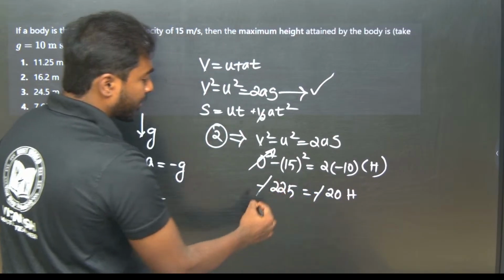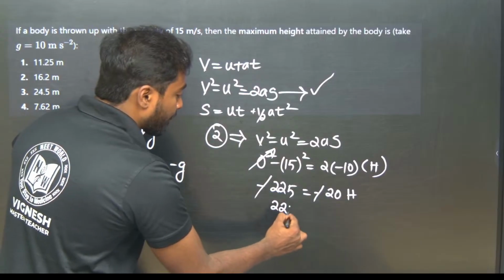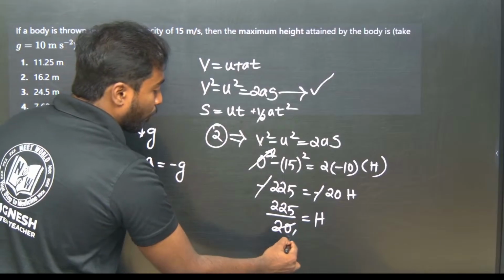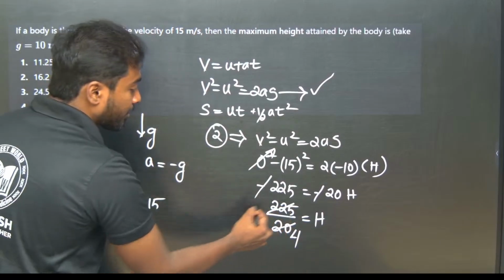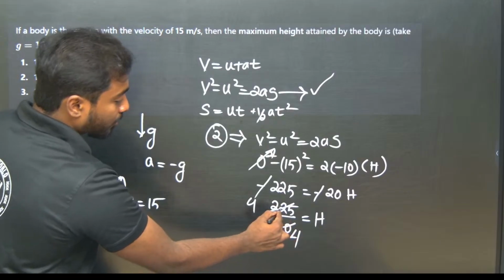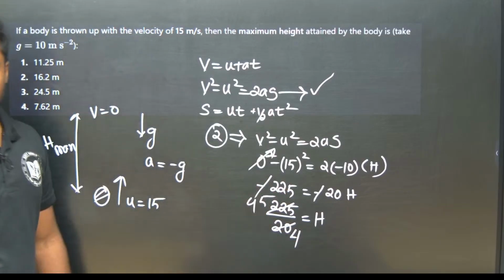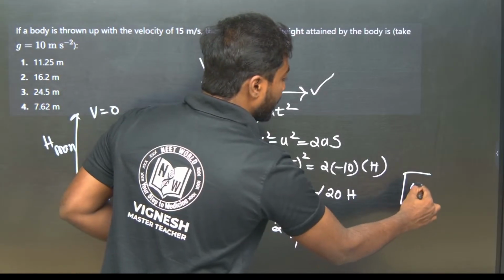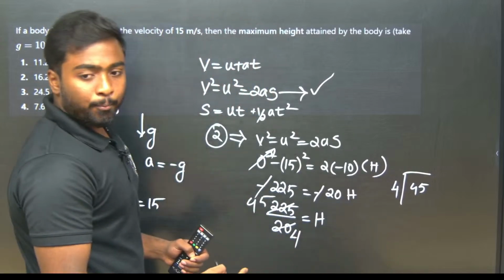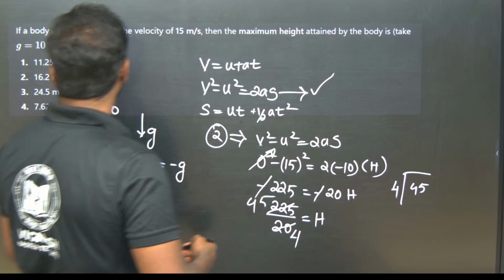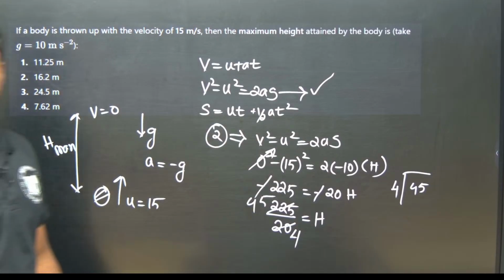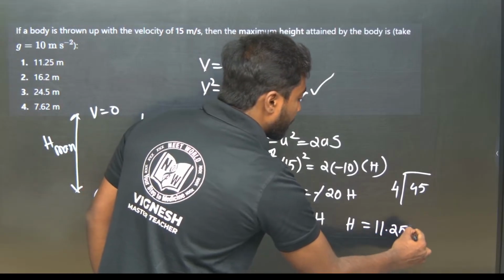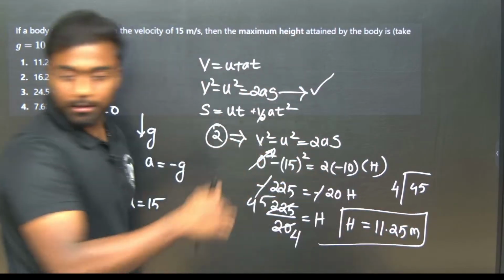So minus and minus get cancelled out. 225 divided by 20 is equals to H. Now 45 divided by 4 is 11.25, that's it. Option 1. So h is equals to 11.25 meter. This is the answer, guys.